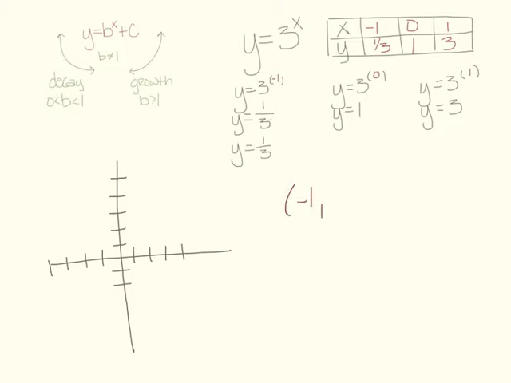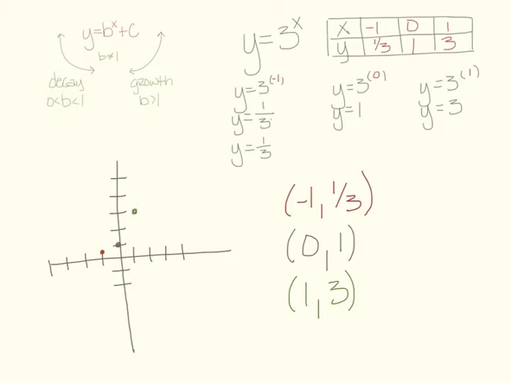When x is -1, y is 1/3. About there. Our next point, when x is 0, y is 1. And our last point, when x is 1, y is 3.